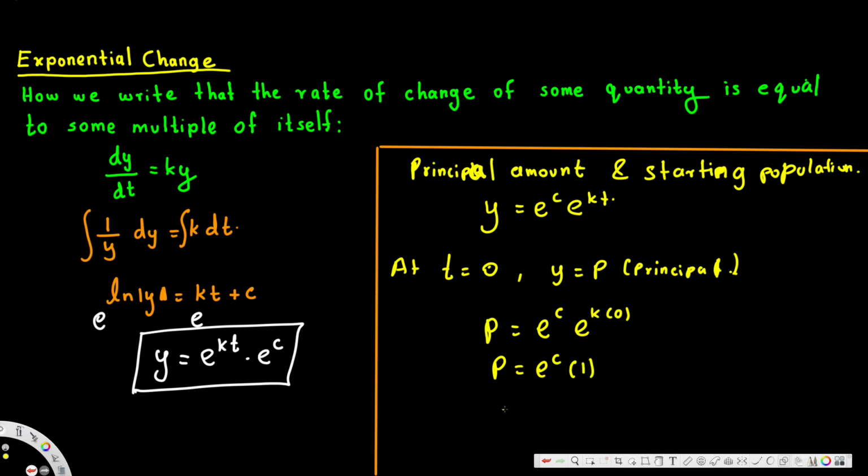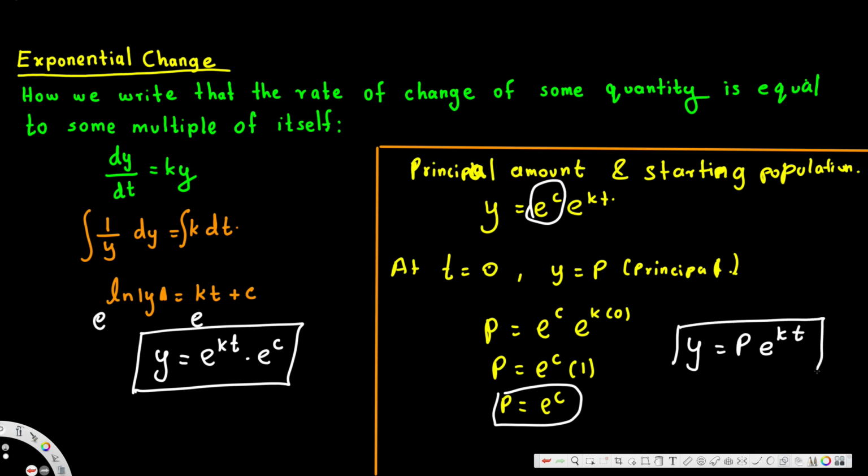So we multiply this one by 1. Therefore P is equal to e power c. If P is equal to e power c, then we can replace this e power c with P. So this is going to become y is equal to P e power kt, and that's the equation when we have it in terms of principal amount.